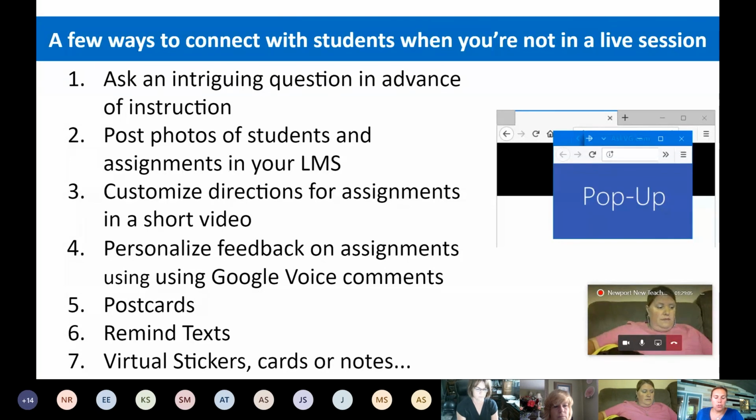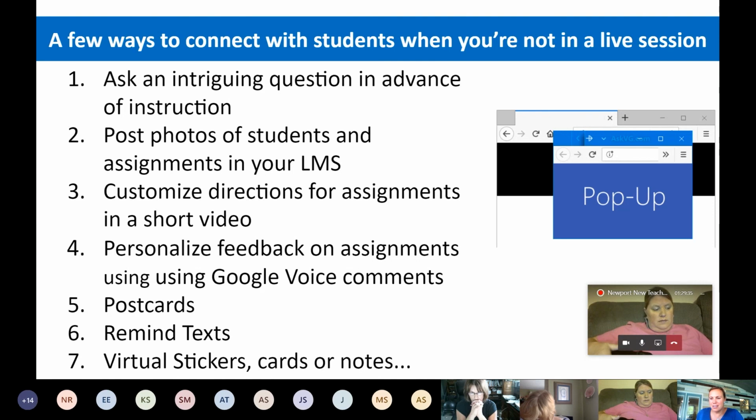Post photos. You have to get permission, okay? And your school will have those forms, but get permission to take pictures of kids and videos of kids. We do that every school year. And then encourage them to take pictures and send you pictures of them doing their classwork, not just a random picture, but of them working on an assignment or a project, because it's going to be so great for them to be able to see each other doing that work at home.